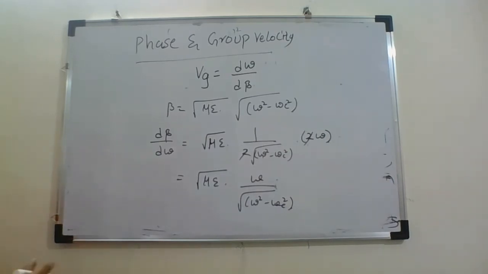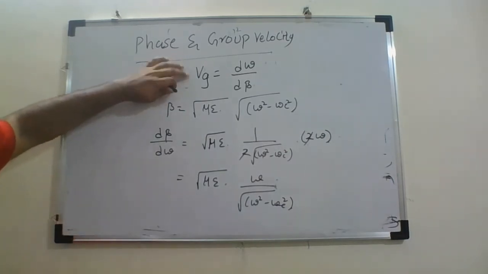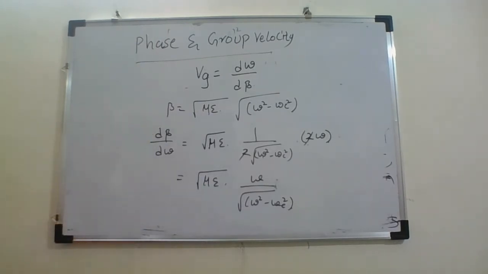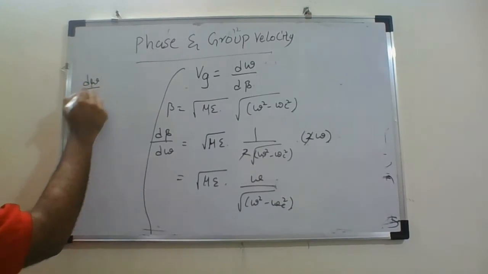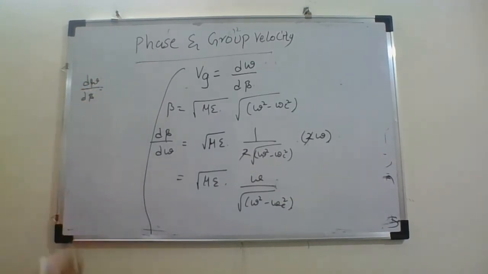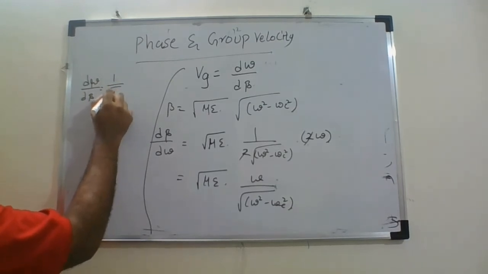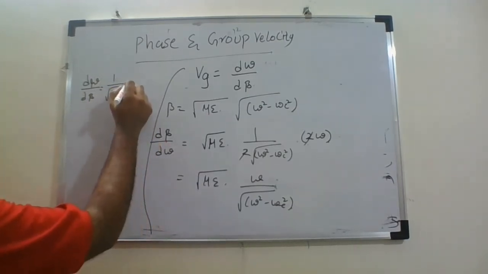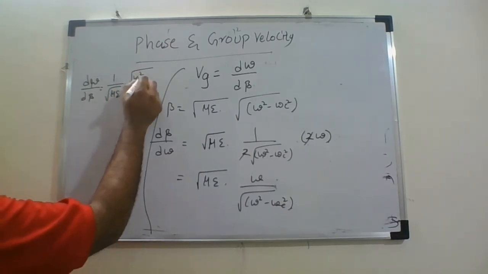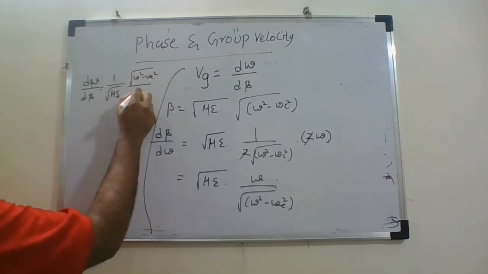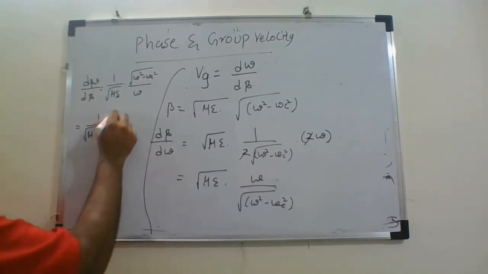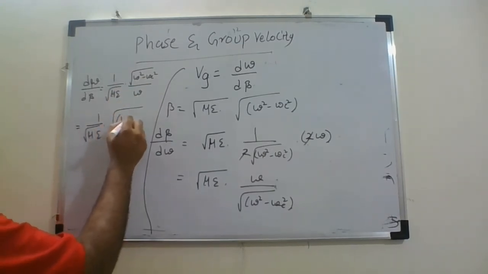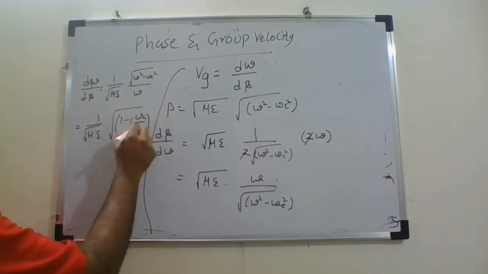Now let us take the reverse, because group velocity for us is the reverse of this. So d omega by d beta is equal to 1 by root mu epsilon into the reverse of this, which is root of omega square minus omega c square by omega. If I take omega common, this becomes 1 by root mu epsilon into root of 1 minus (omega c by omega) whole square.